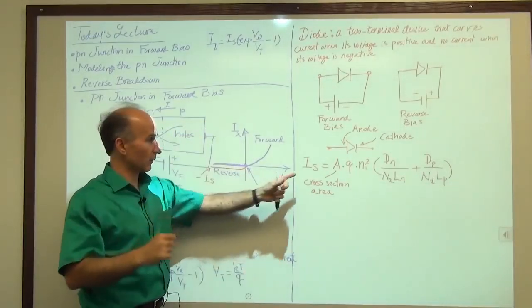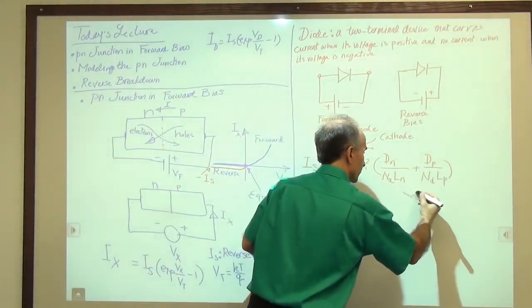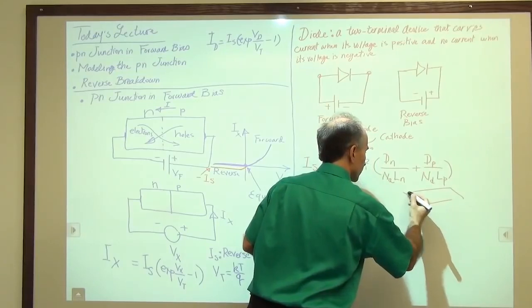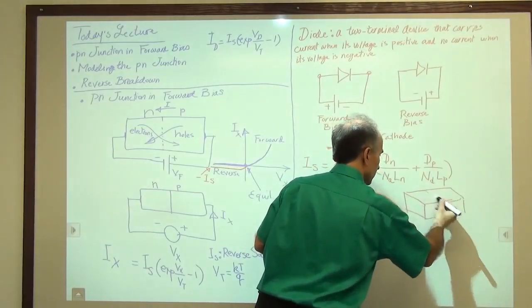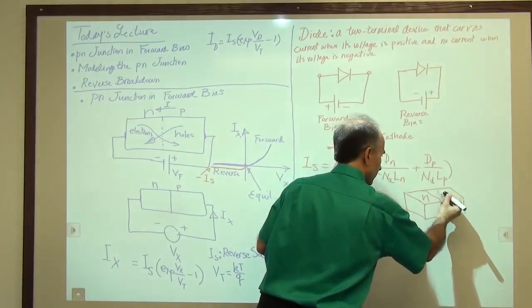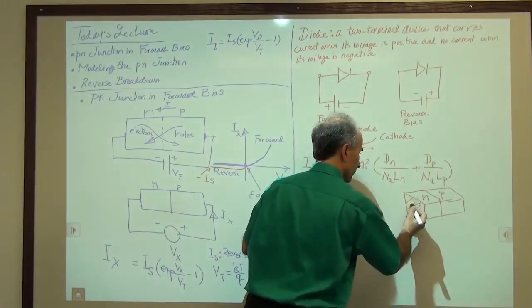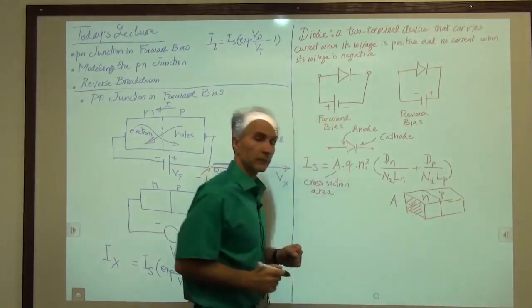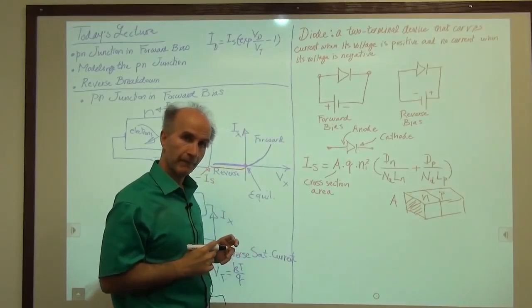That area is called A. So if you were to build a p-n junction in 3 dimensions, it would look like this. It would have N here, P here, and then this area is what we call A. So that's the cross-section area through which the current flows.